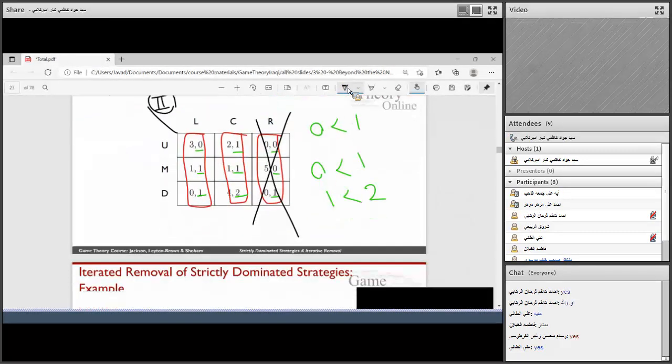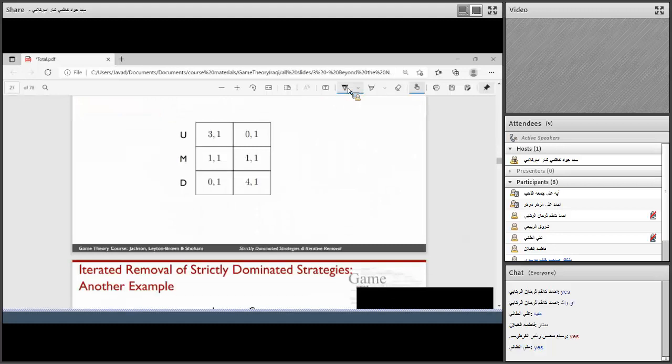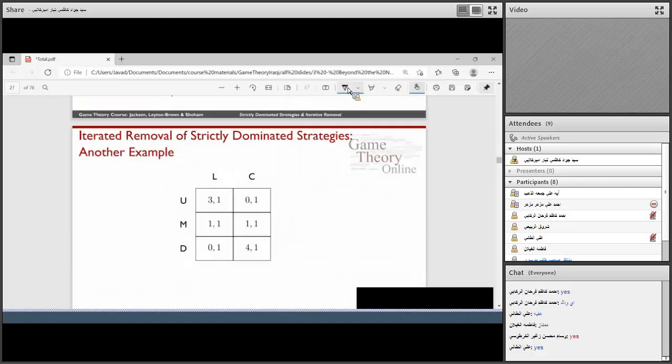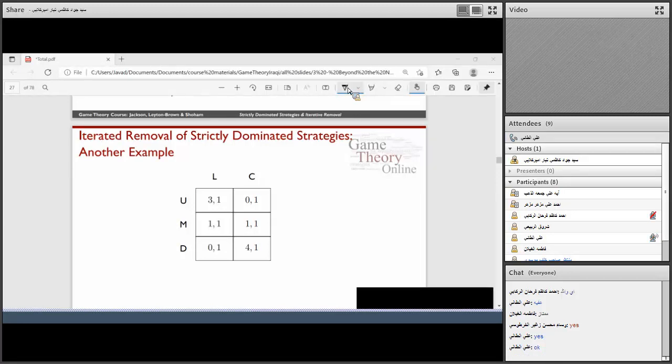So now my new table is going to be this. I got rid of R. Ali, do you have problems so far? Are you okay with this? All right.